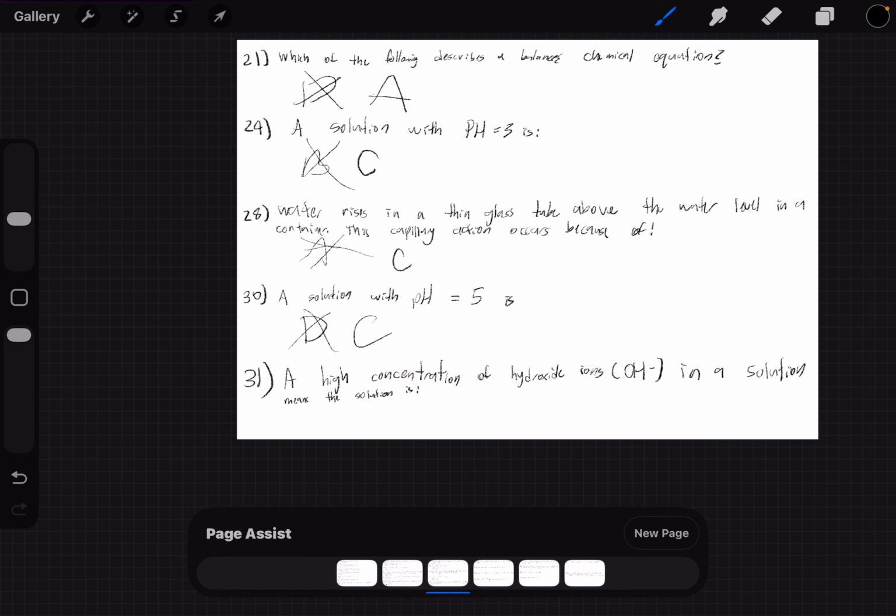31. A high concentration of hydroxide ions in a solution means the solution is. So for this, I wrote D, which is saturated, but it's actually wrong, and the real answer is C, which is basic, aka alkaline.